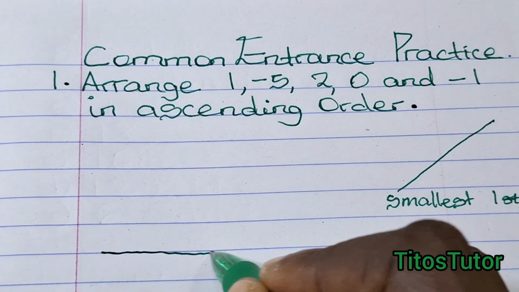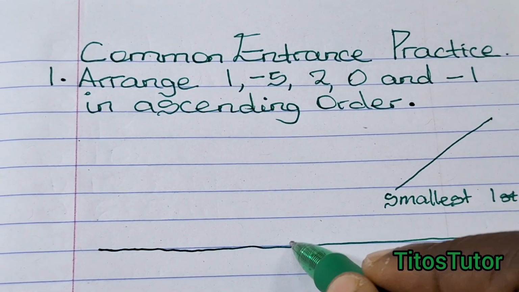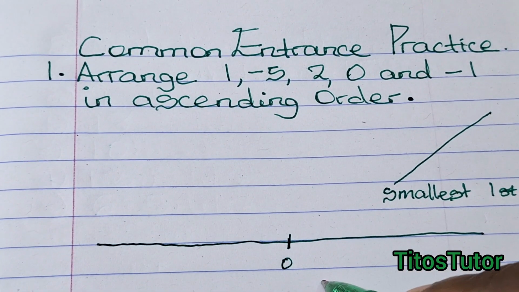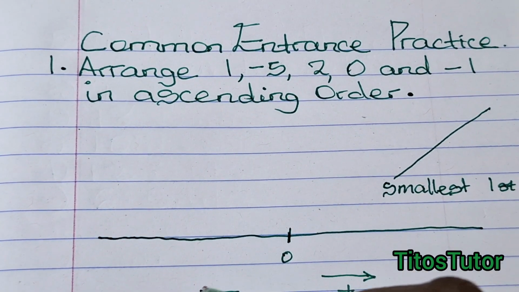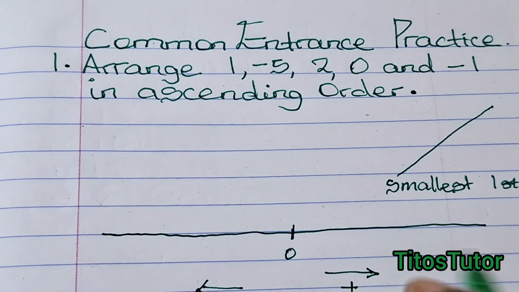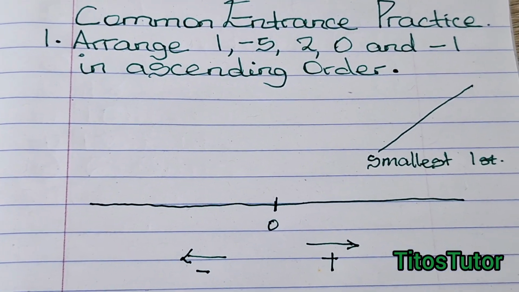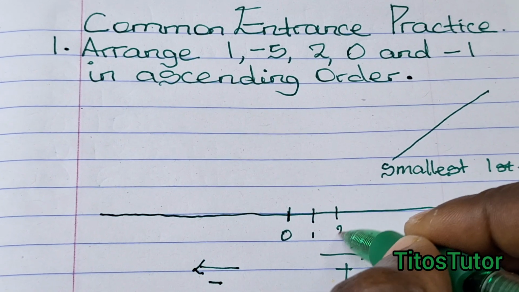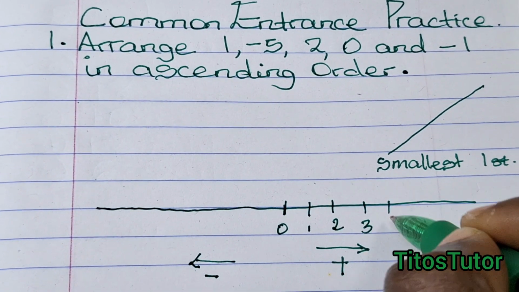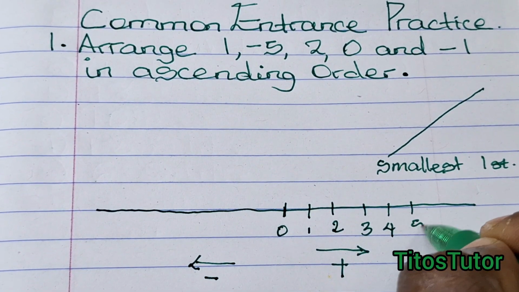So I'm going to draw a number line, 0 in the middle. All numbers to my right are positive. All numbers to my left are negative. Okay, so I'm drawing a number line and starting with 1, 2, 3, 4, and 5.